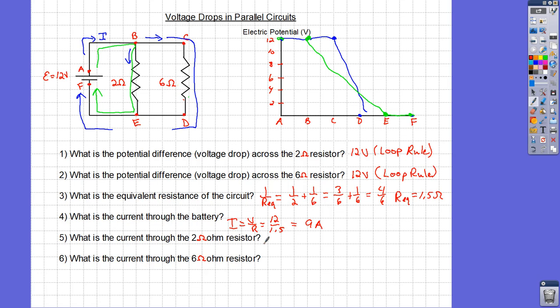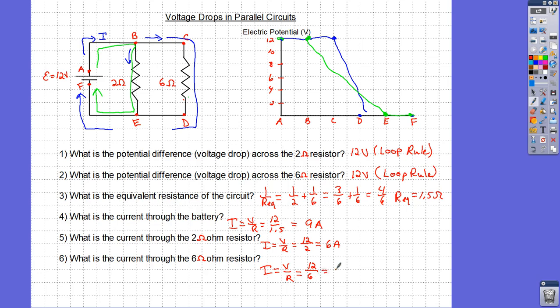To figure out that current, I can apply Ohm's law to just this 2 ohm resistor. It's got a voltage across it of 12 and a resistance of 2. So that is going to be 6 amps that way. And then for the 6 ohm resistor, I is going to equal V over R. So it has a voltage drop of 12 volts, and its resistance is 6 ohms.